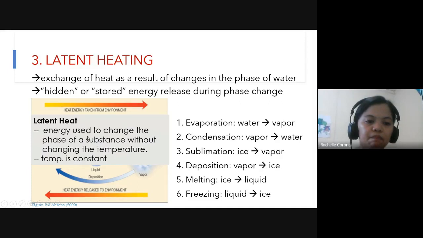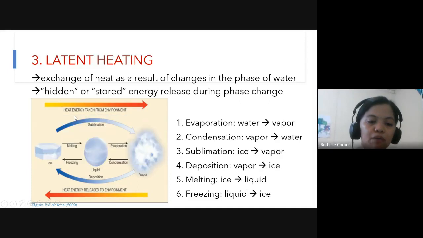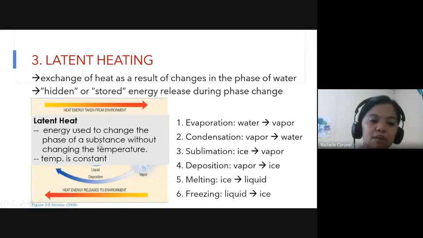However, they actually have an impact to their environment. They either give or release the energy used to change the phase of a substance without changing the temperature. So recall the definition of heat.